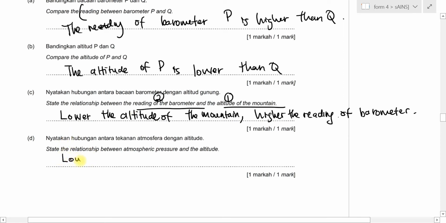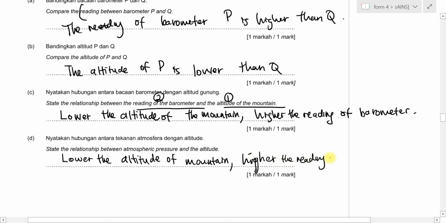So the lower the altitude of the mountain, the higher the reading of atmospheric pressure. That's a rather easy question.